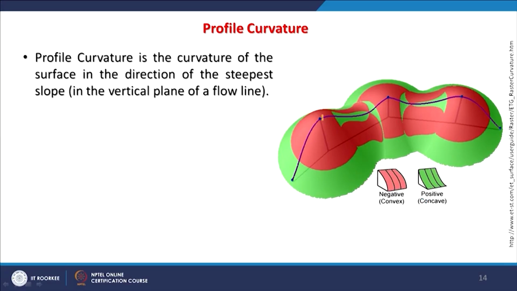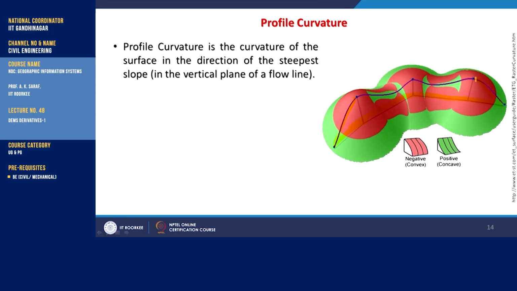So, as you can see here, this blue line and these others are creating a vertical plane which is going through this hillock, which is having 3 peaks. So, this entire part, if I color it, this is the vertical plane in which we are having this kind of profile curvature. So, profile curvature is the curvature of the surface in the direction of steepest slope in the vertical plane of flow line.